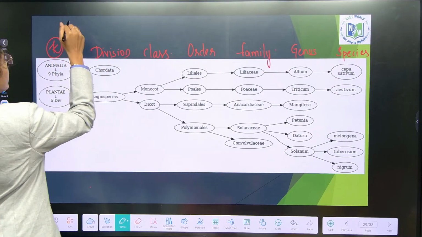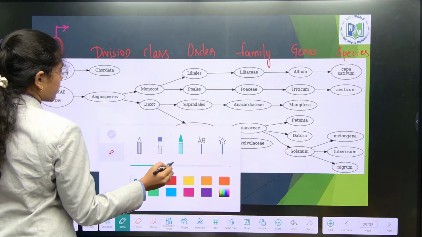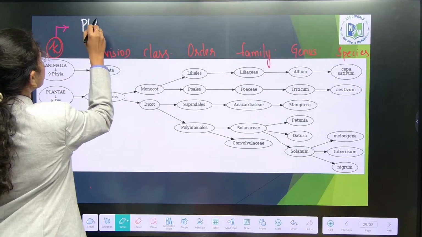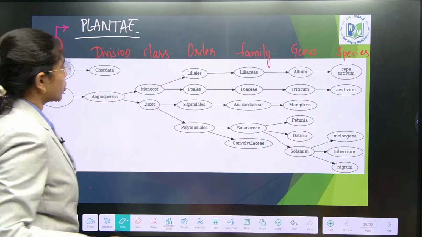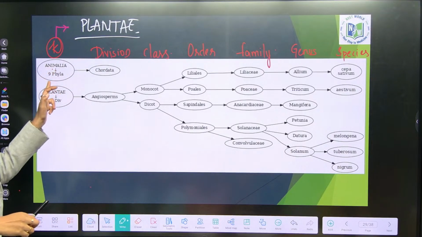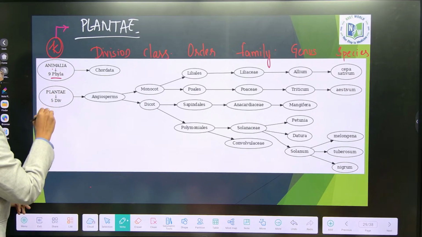This is for what? Kingdom Plantae. First, you see Animalia has 9 phyla, Kingdom Plantae has 5 divisions. What are they?